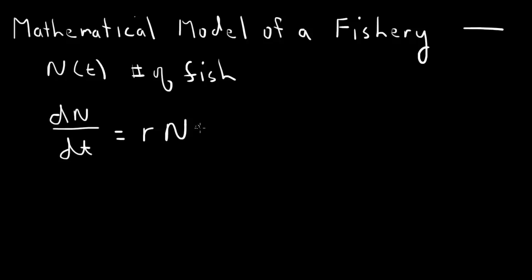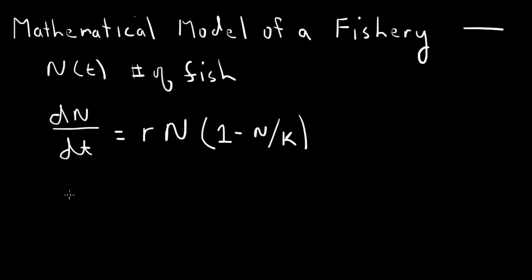And then when they get to a certain value, they approach a constant population that's equal to the carrying capacity of the population. So K is the carrying capacity. So when n is small, we get exponential growth, and then eventually n approaches K.